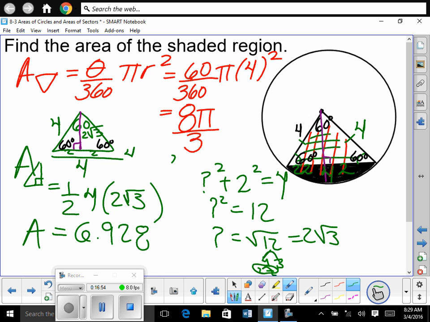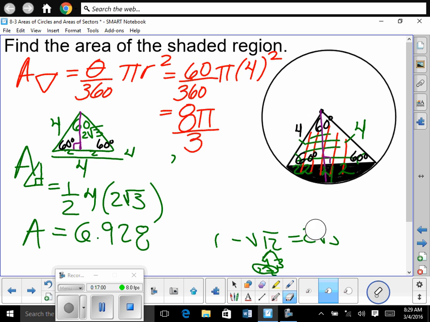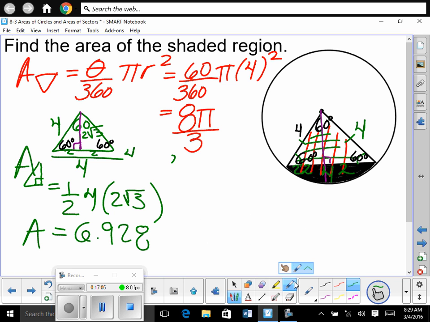Okay, awesome. So now to find the area of just the shaded region, we would do the area of the full sector minus the area of the triangle. And a decimal answer is okay at this point. So the area of the sector was 8 pi thirds. So we take 8 pi thirds minus the area of the triangle, which was 6.928.